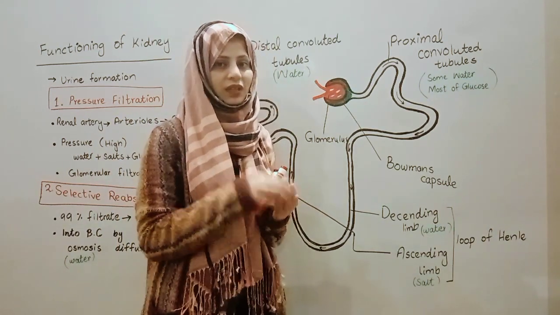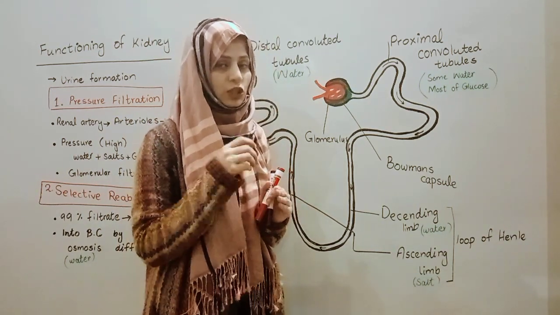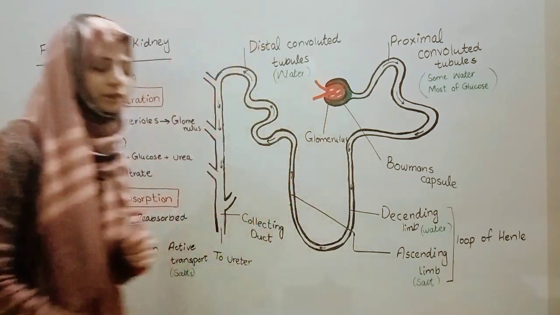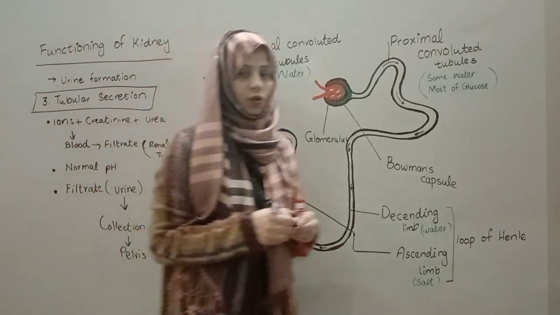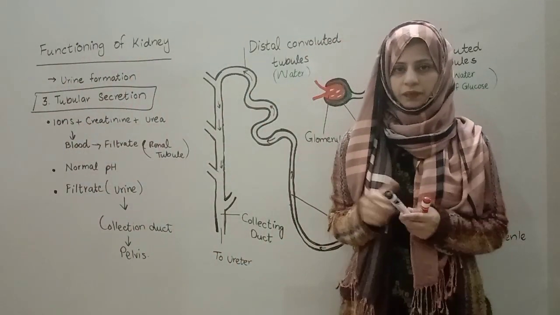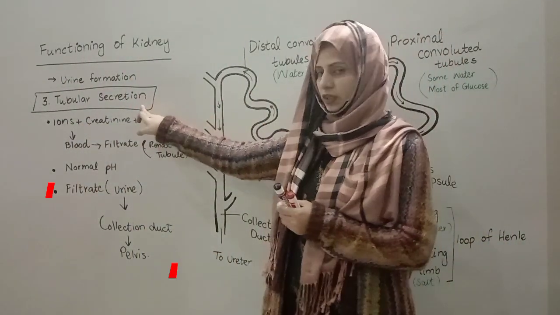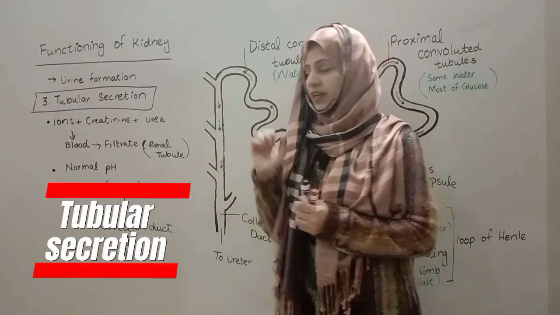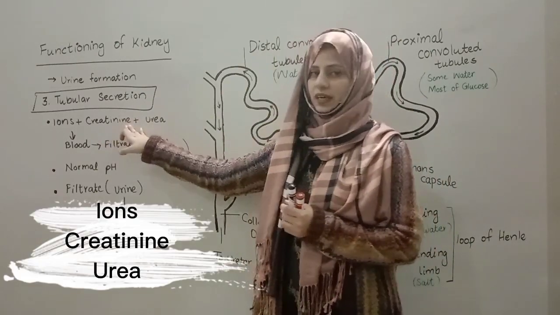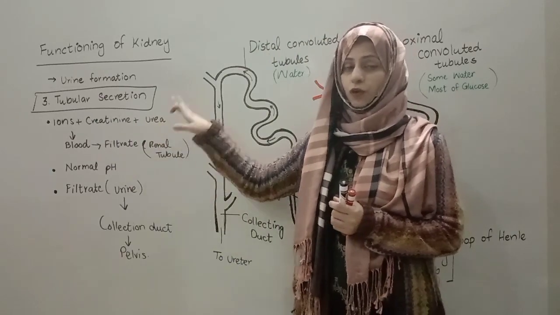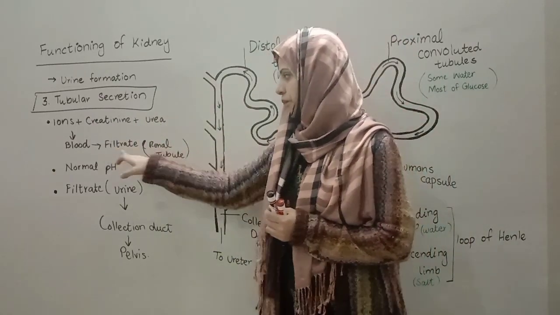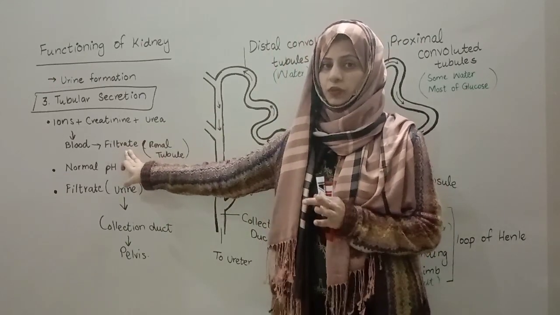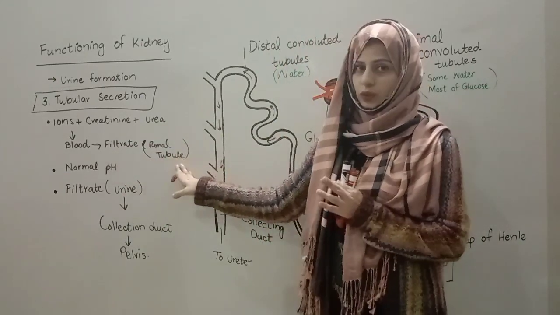Now let's talk about the third step, that is called tubular secretion. Different ions, creatinine, and urea from the blood are secreted into the filtrate which is present in the renal tubule.